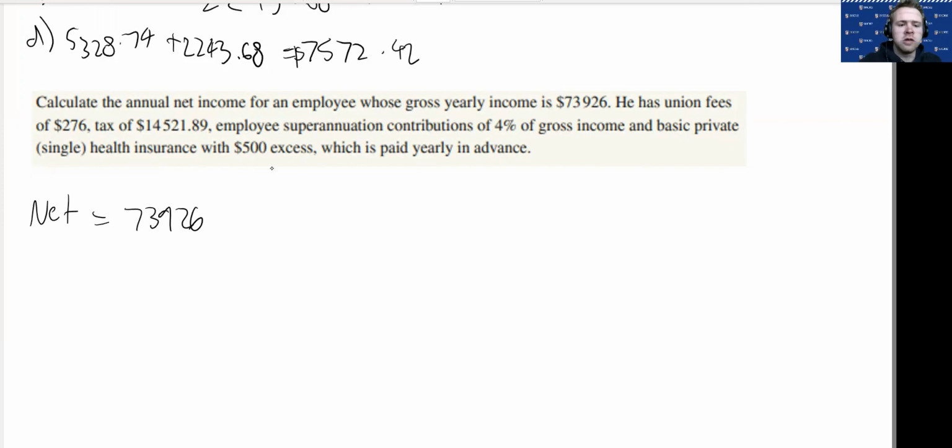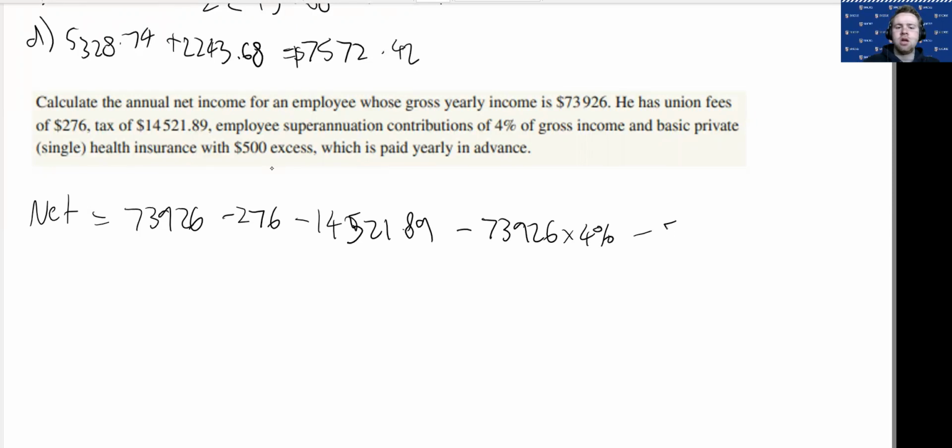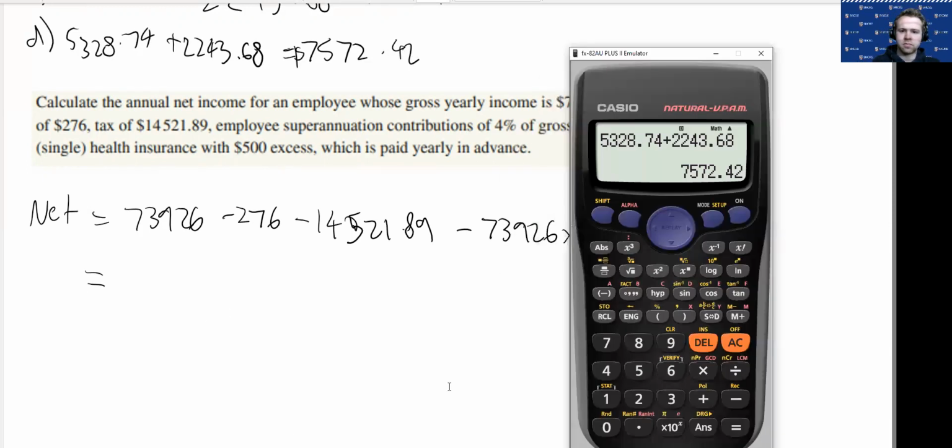So 276 in union fees, tax, and then 4% of our gross income, and then our $500 excess, and then pop that in our calculator.